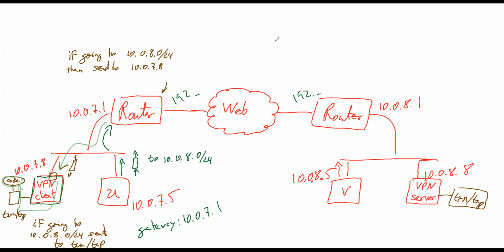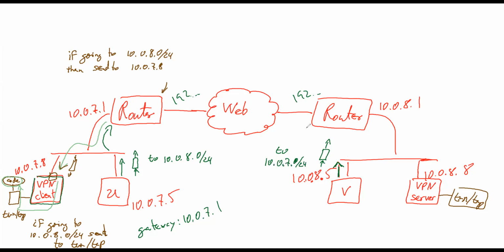And it's going, let me change to green. So now you send out a packet, and this is going to say, now I want to go to 10.0.7.0/24.